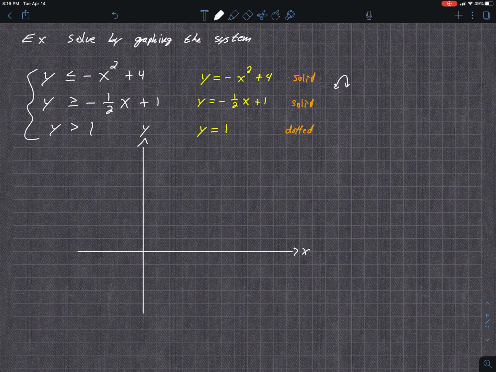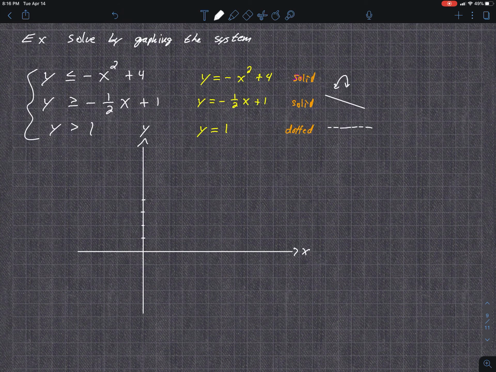Okay, so then we have a parabola, opens down, up 4 units. Then we have a line, y-intercept is 1, and then a negative slope. So it's basically like that, approximately. Then we have a dotted line horizontal at 1. So you graph them all in the same coordinate system.